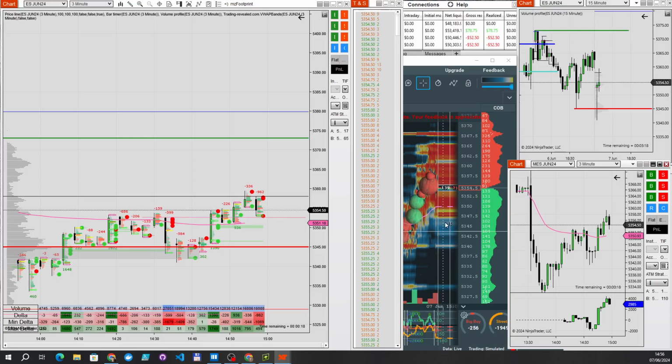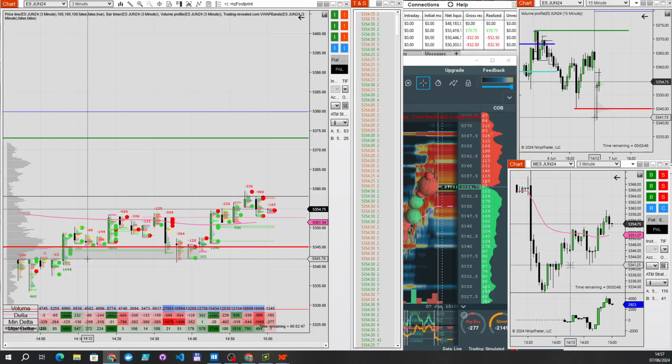I don't see liquidity below here. 45, 47 is like the cheapest price that we could go. We could go to 47. Switch to NQ. Yeah, I think 3 more minutes.